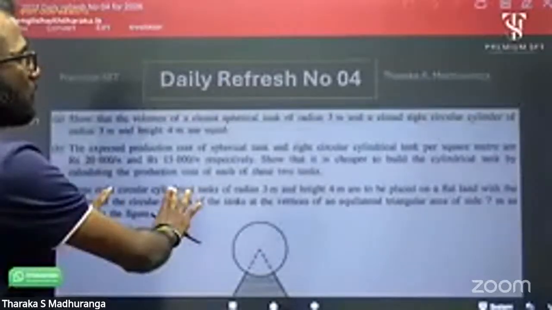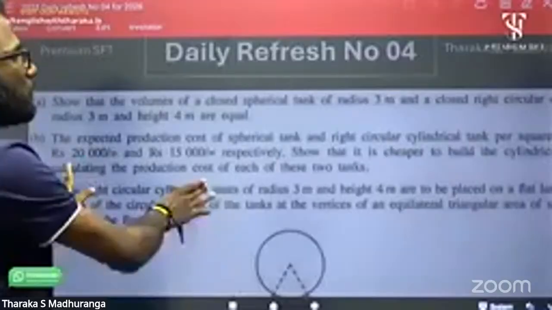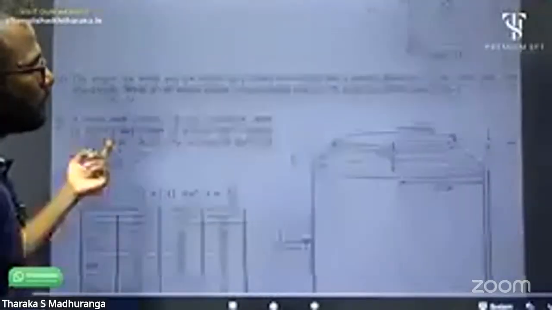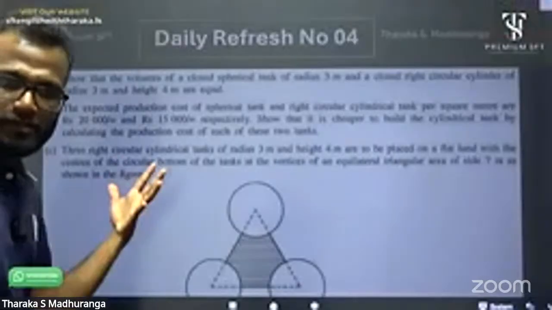Refresh paper number 4. It's good questions. Again measurements, area and volume. They are exam questions. Did you complete this?